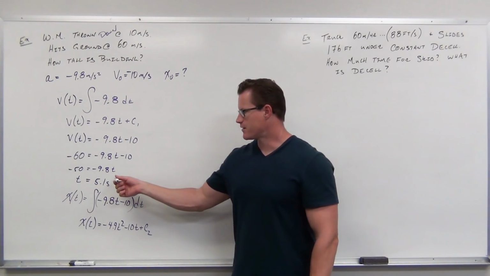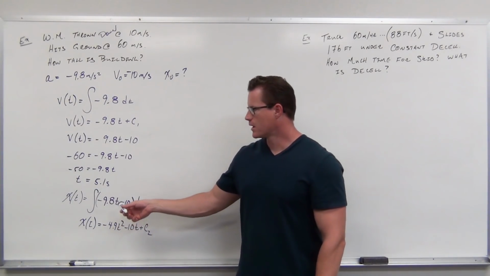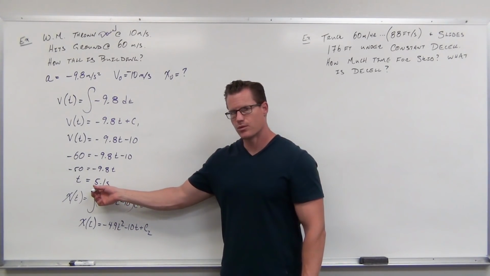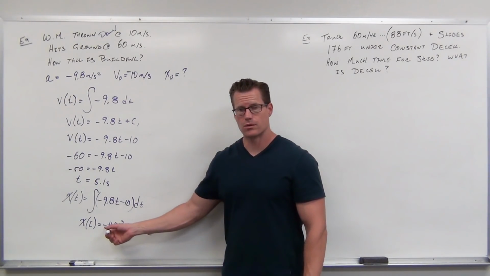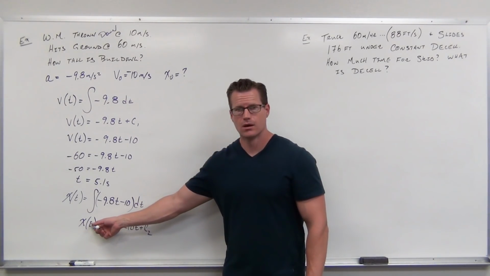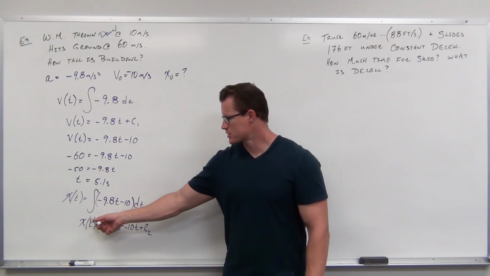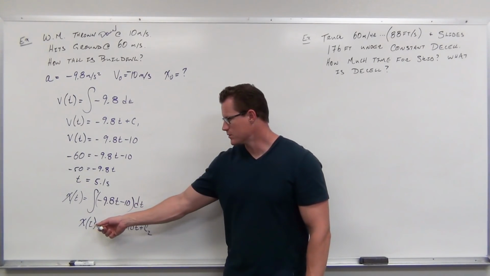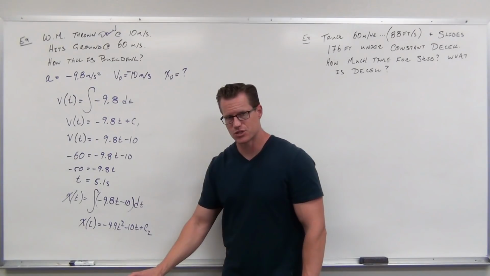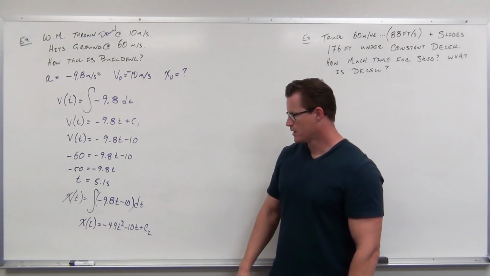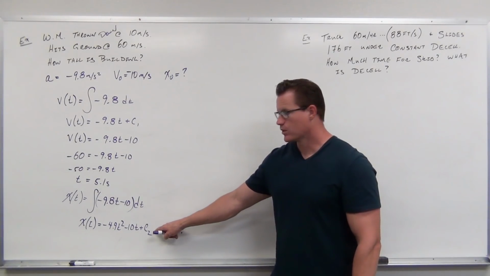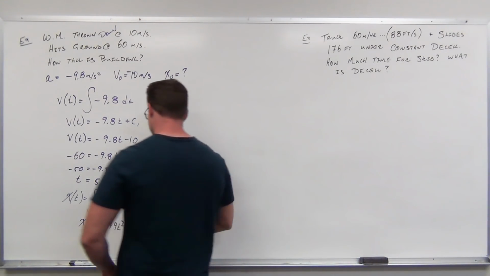So if it takes 5.1 seconds for us to hit the ground, let's plug in 5.1 for our time, and let's put hitting the ground, or a position of 0, for our position. So a 0 position is achieved when we have 5.1 seconds of time that has gone on. That will allow us to solve for that C2.